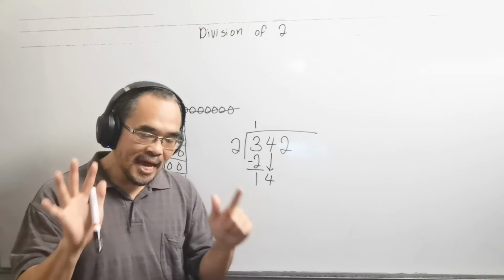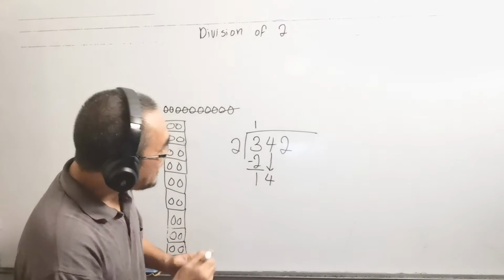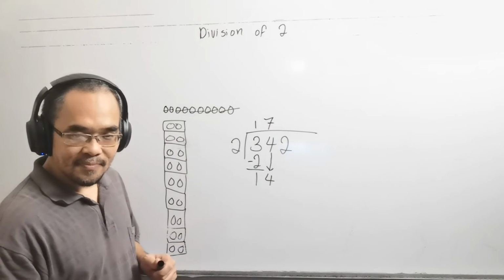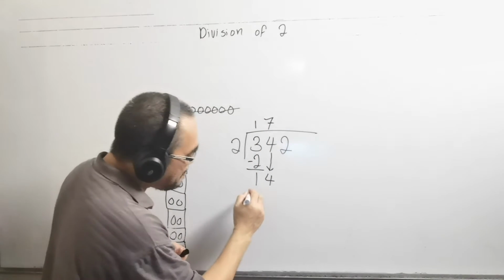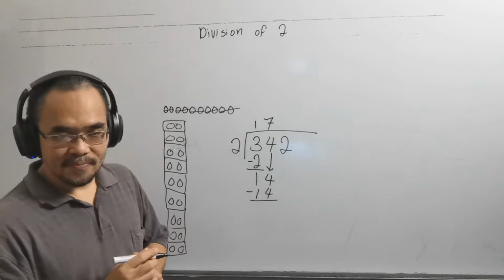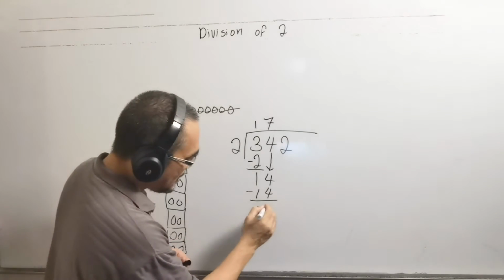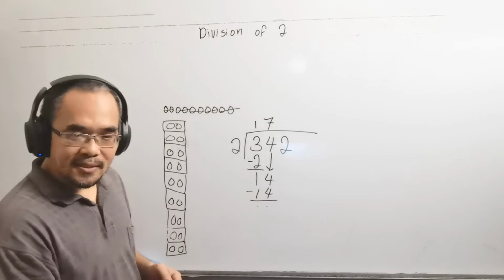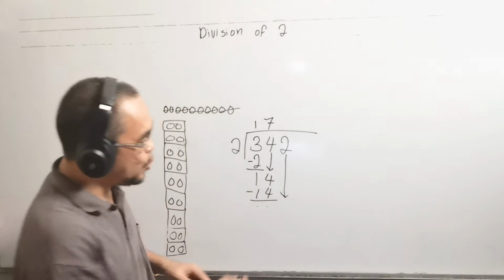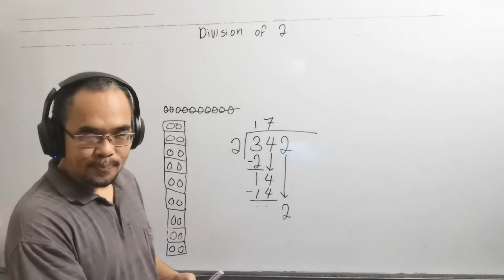How many fingers? 7. Look at where I put that 7. On top of 4, I write 7. Then below here, I write 14. Then you minus, and you bring down 2, and because there's no more number, it just becomes 2.